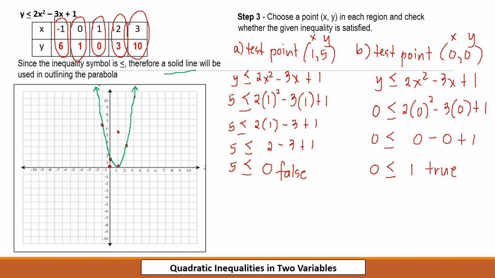So it only means that the solution set are the points outside the parabola. So we will now shade the entire region that satisfies the given inequality, and that is outside the parabola. So let us shade.